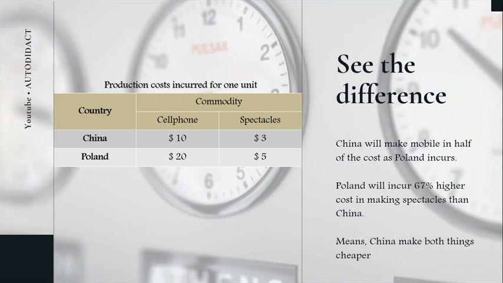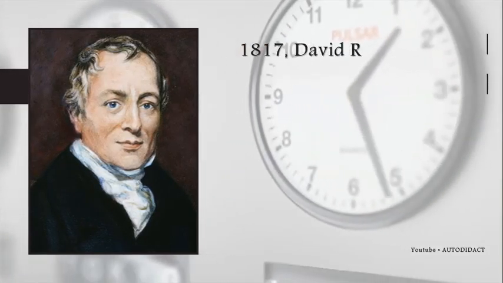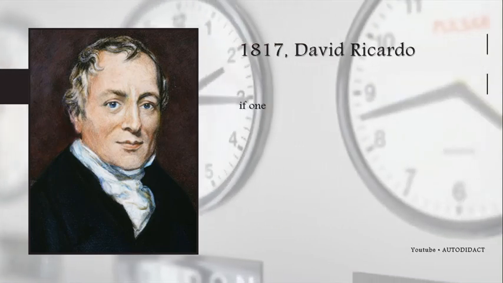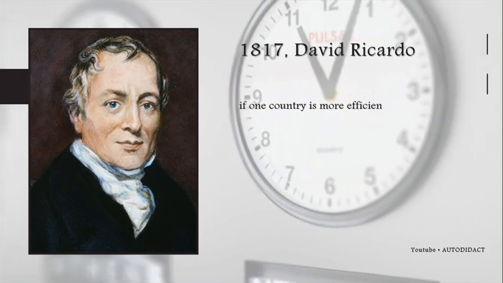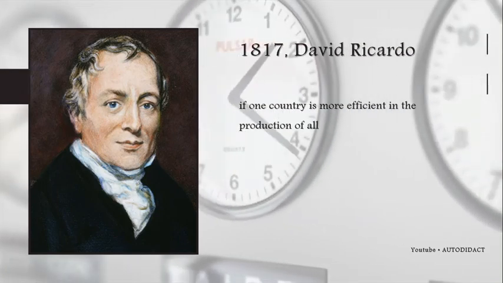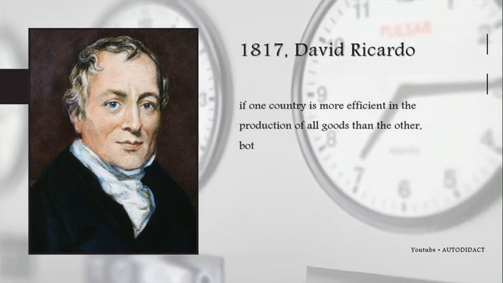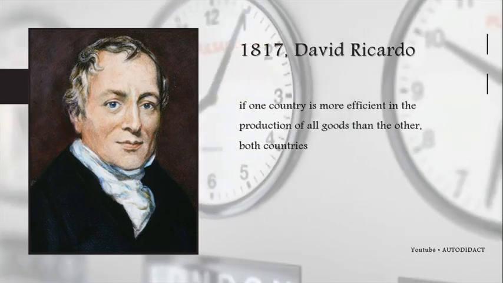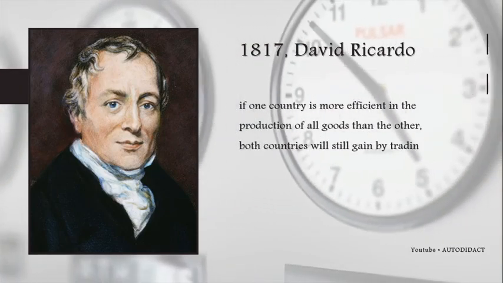To resolve this dilemma, in 1817, David Ricardo published what has since become known as the theory of comparative advantage, in his book On the Principles of Political Economy and Taxation. He asserted that even if one country is more efficient in the production of all goods than the other, both countries will still gain by trading with each other, as long as they have different relative efficiencies.